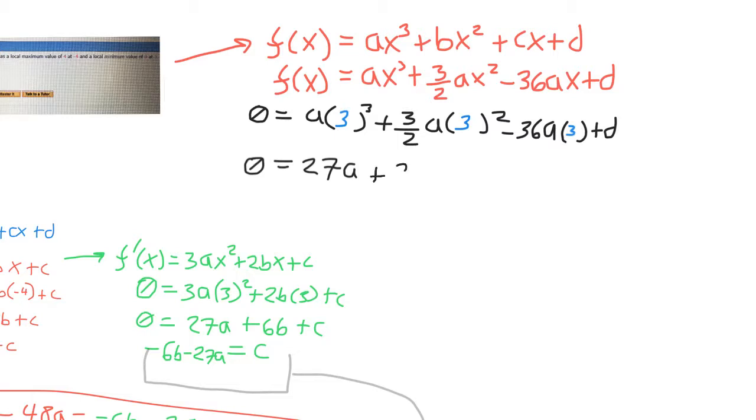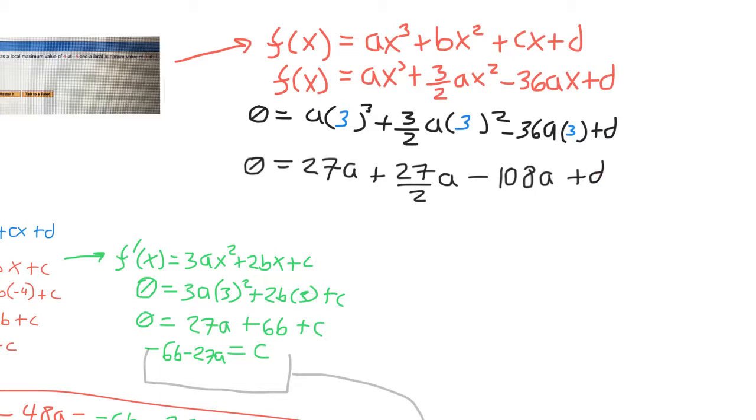It's unfortunate. So it's an ugly number, but we're going to keep everything in the fraction form. This is going to be negative 108a. So that's negative 108a plus d. And once again, we want to figure out what d equals in terms of a.